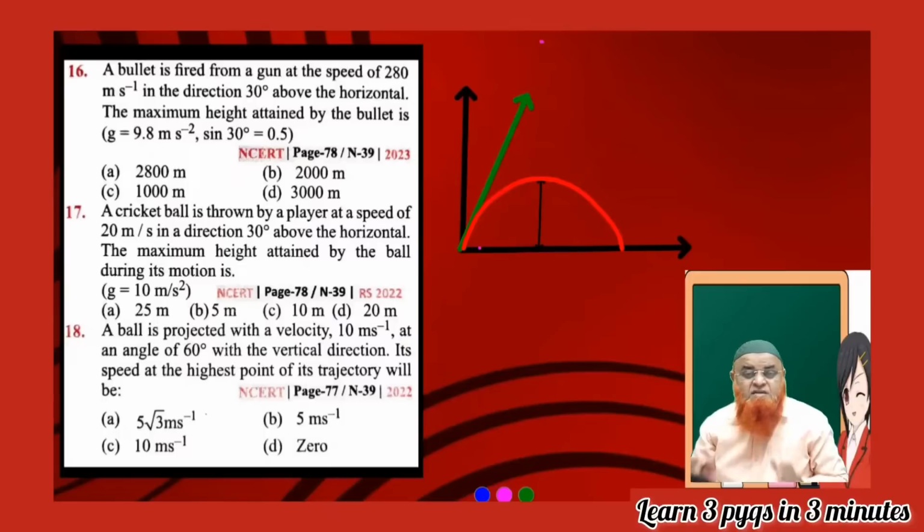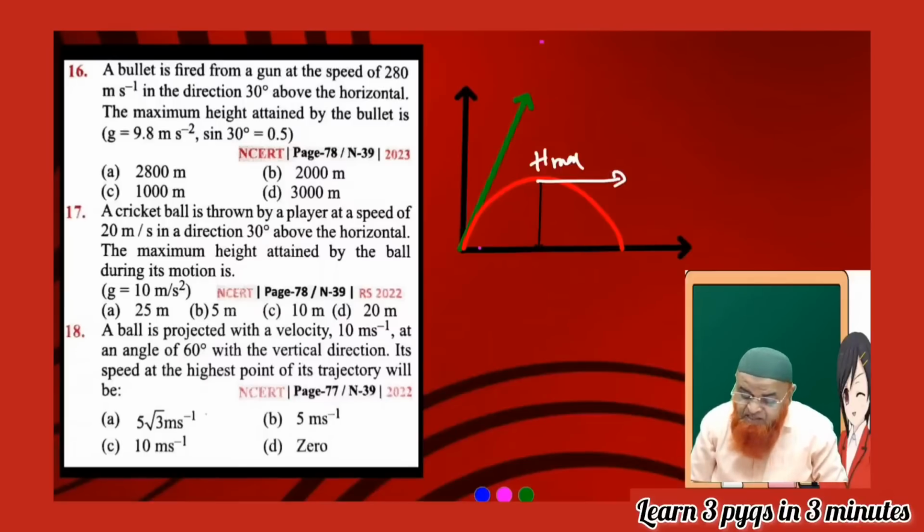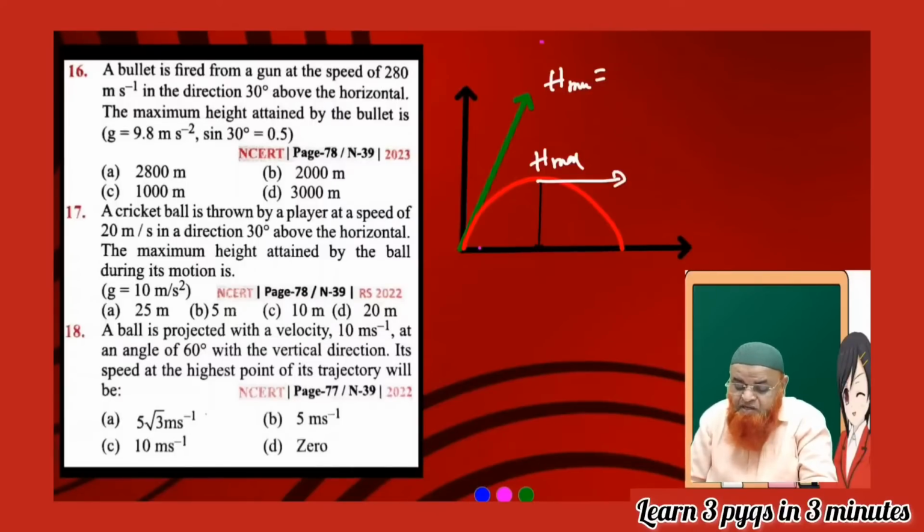He's asking us two things here. One is, what is the maximum height? The other is, what is the velocity at the highest point? For these two types of problems, if he's asking us to find the maximum height, the basic formula is uy square by 2g.